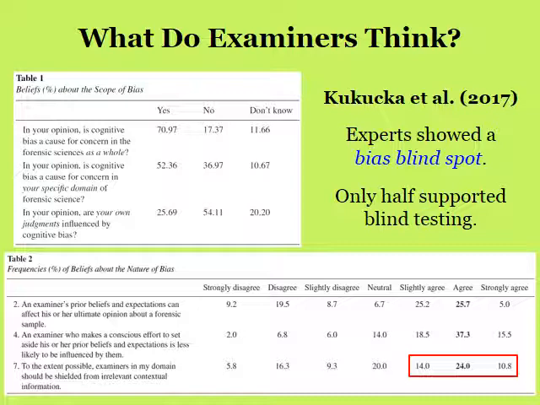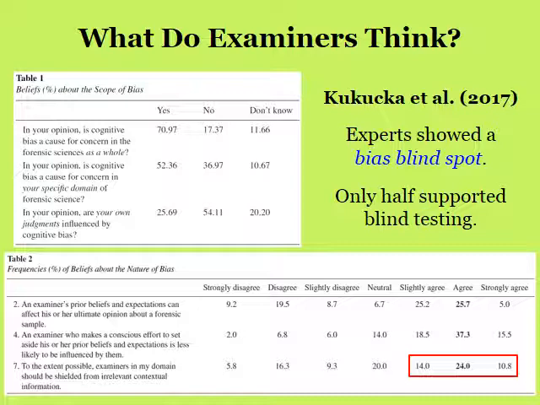And only about half of them said yes. Right above that, question 4 right here, we also asked them, do you think that an examiner who makes a conscious effort to be unbiased is less likely to be biased? A considerable majority of examiners agreed with that statement.